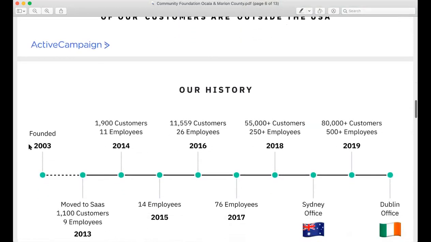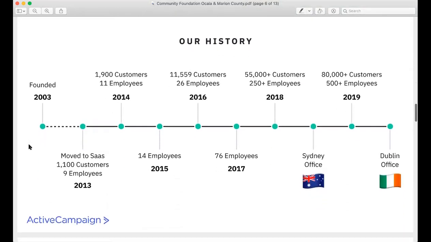And it's exciting to see how far our reach has come. So we started in 2003. We've definitely been a player in this space for quite a while now. I started in 2017, and at that time we had around 150 employees and 40,000 customers. To date, we have 100,000 customers.